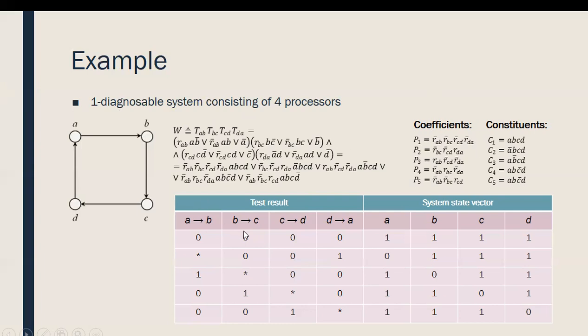Then we can build a table of correspondence of combinations of test check results to values of the system state vector. So according to this test check result, this will be the system state vector, and these values correspond to any result of test checks.